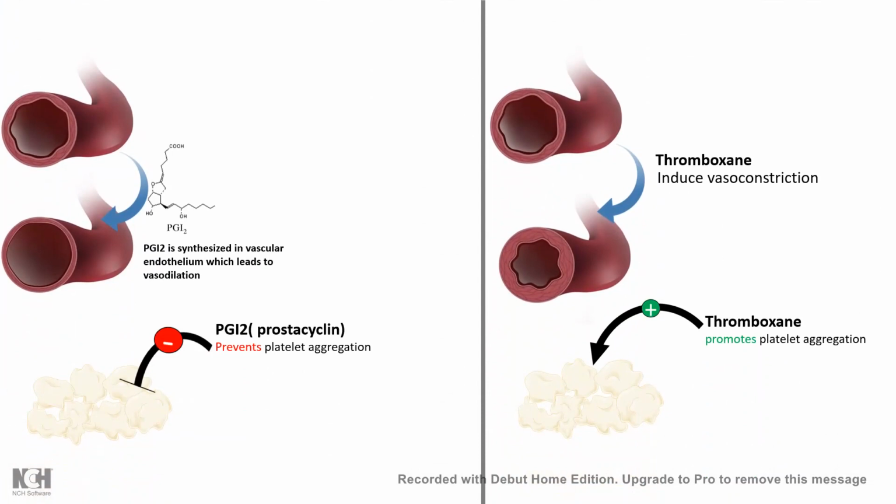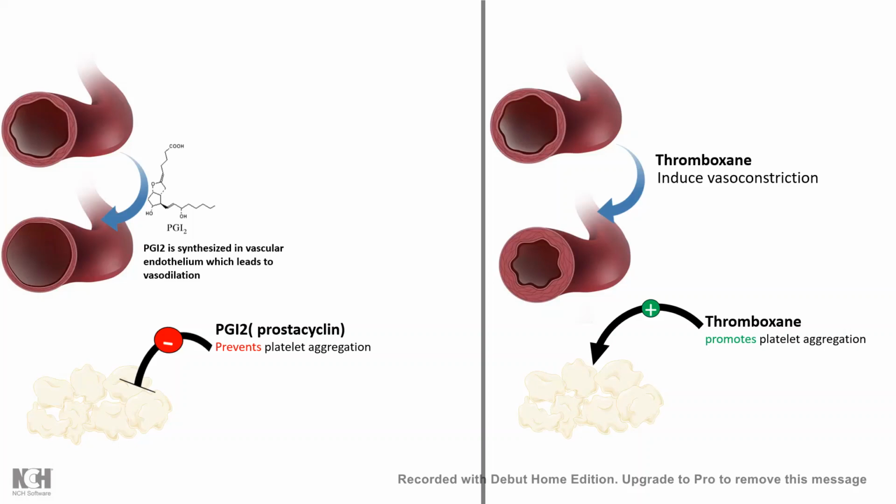Several prostaglandins have effects at different levels. For example, prostaglandin I2 leads to vascular dilation, whereas thromboxane, which is prevalently present in the thrombocytes or platelets, induces vasoconstriction.